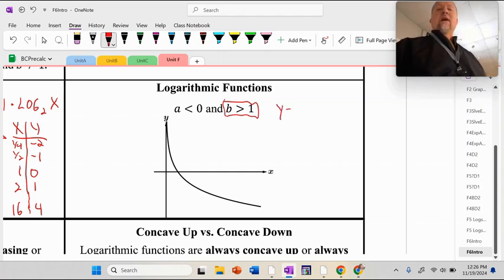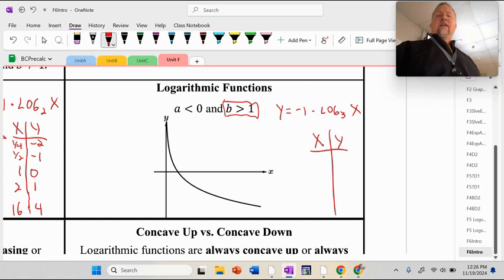This one is y equals -1 times log base 3 of x, just to play with different numbers. What's 1 comma what? 0 still, even though there's a negative, same point. And then 3.